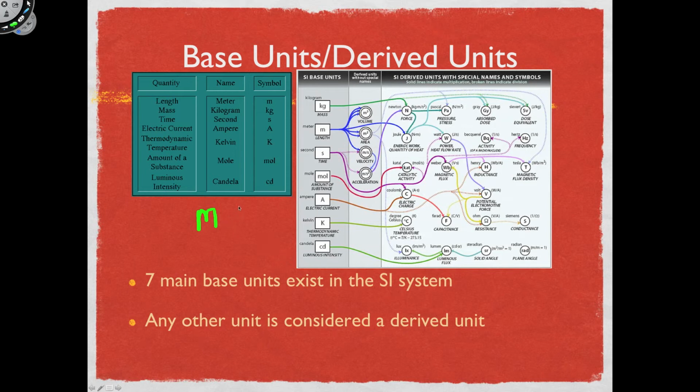Per second squared. Now that's comparing the amount of distance you go over a certain time, or actually it's the change in speed over time. But it's got a distance on the top and it has time on the bottom. So this is combining two base units. It's combining the meter and the second. Because it's combining these two things, we call it a derived unit.